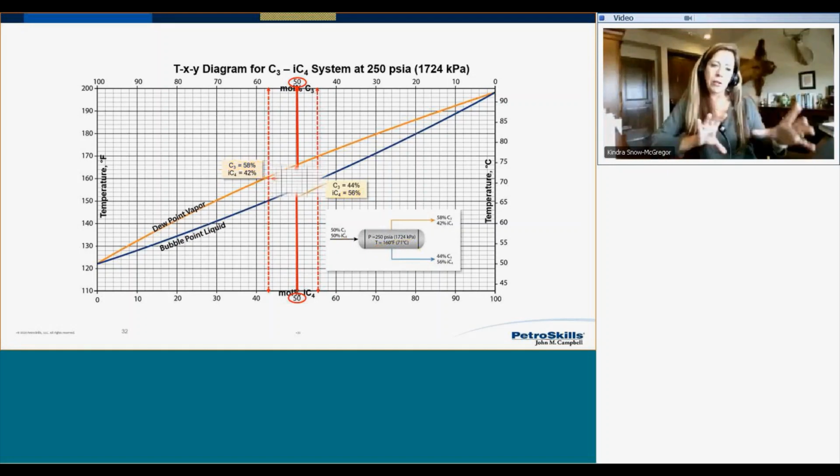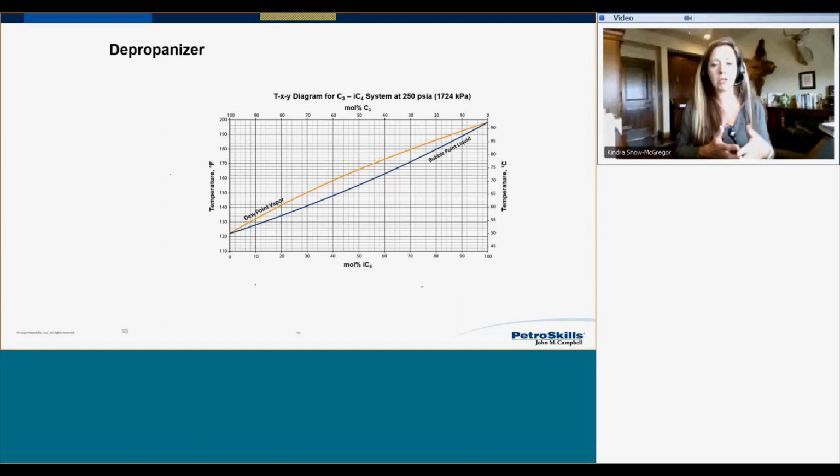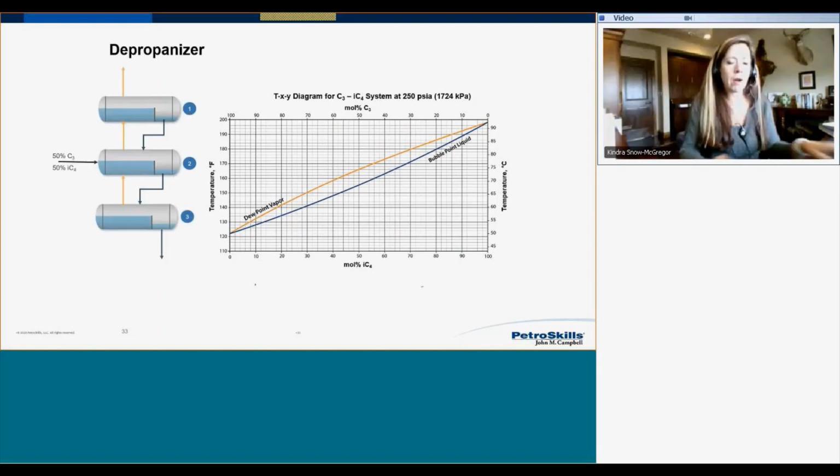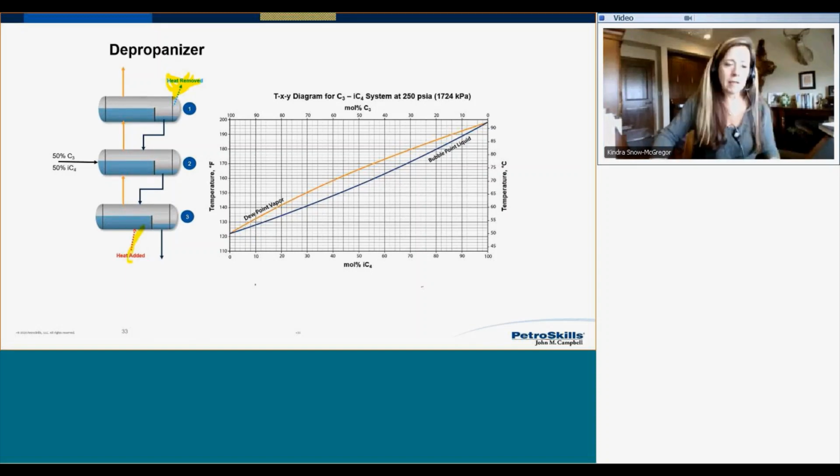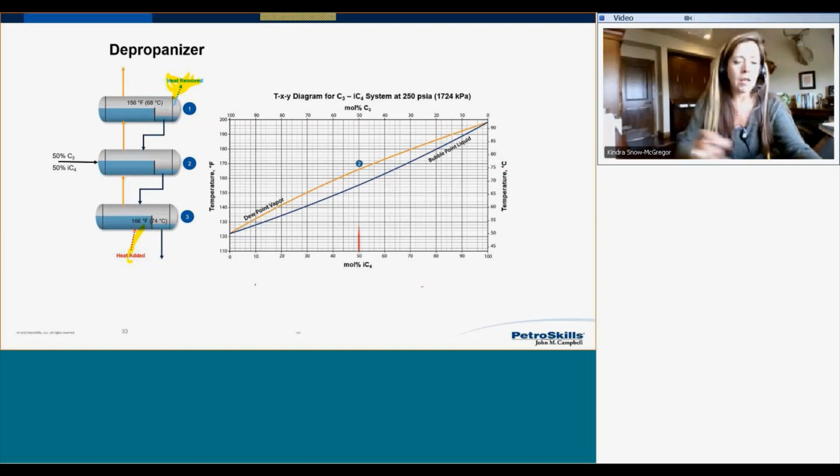And so if I look at my depropanizer operation in terms of a series of flash separations, where I'm going to take heat out of the top of the separator above and put heat into the bottom of the separator, and I plot this on my TXY diagram, notice my bottom temperature condition here, I'm going to say that's 166 Fahrenheit.